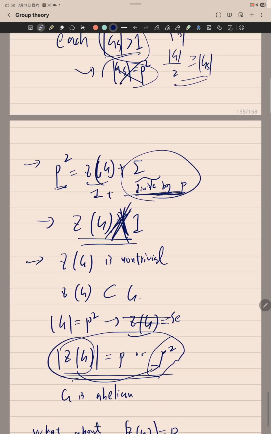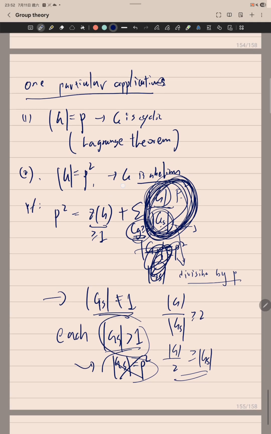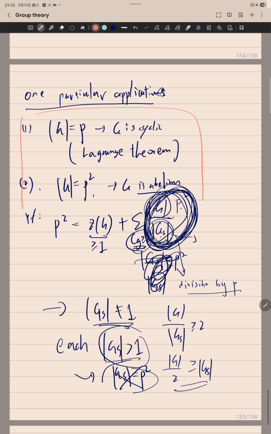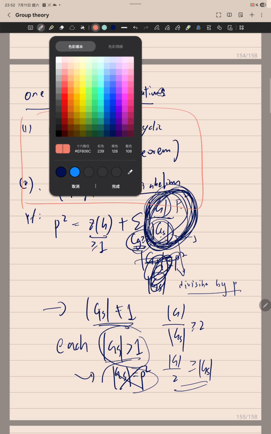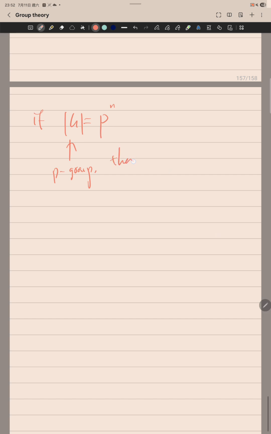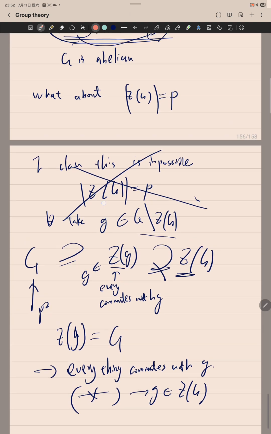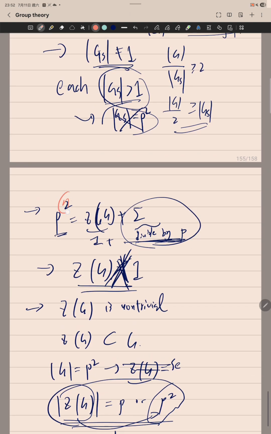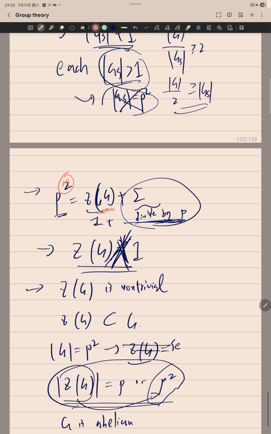So G is abelian. This is somehow an interesting proof. Moreover, I can give you a more general statement. If G is of order a prime power, this is called a p-group. If G is a p-group, then the center is non-trivial. This is proved by the previous proof. If the order is p to the n, then the center cannot be trivial.